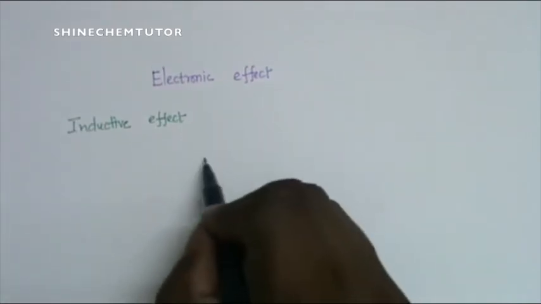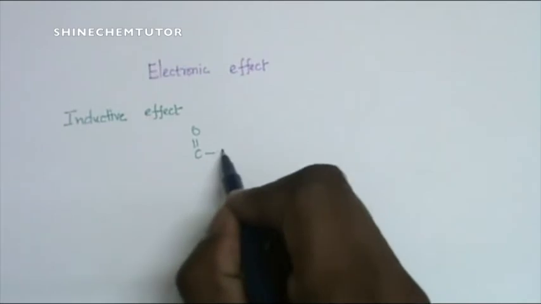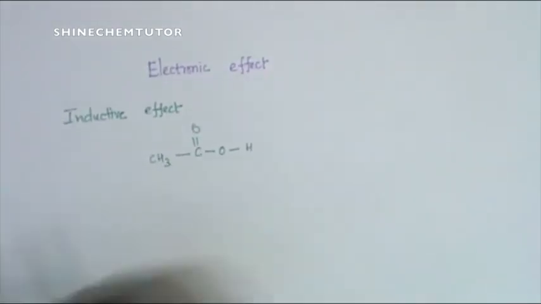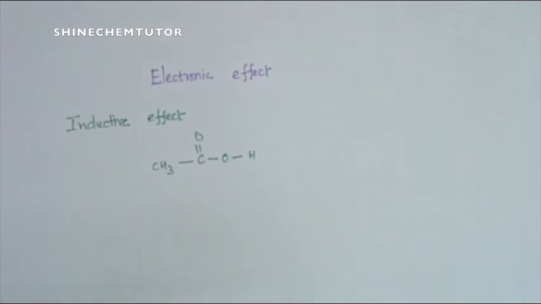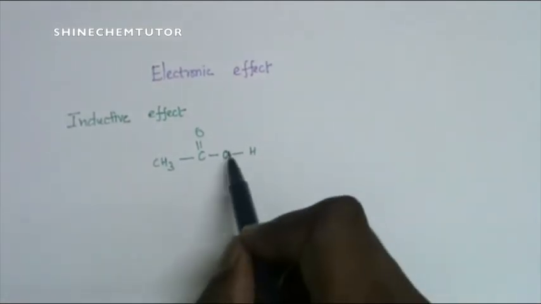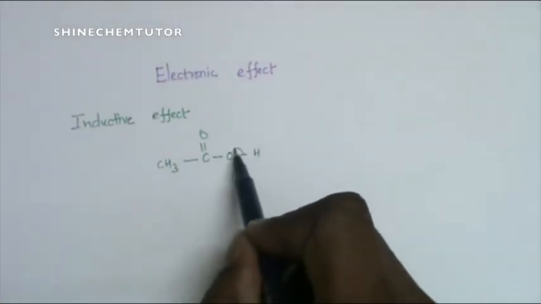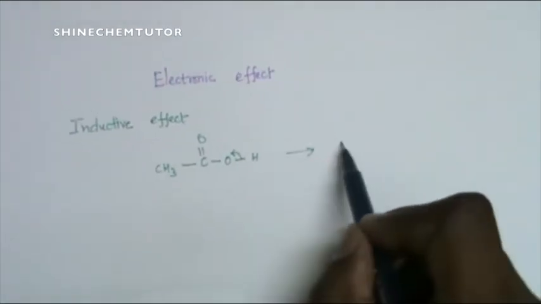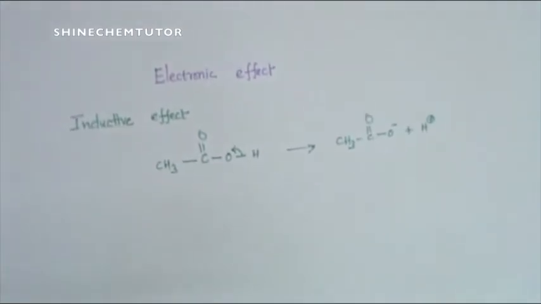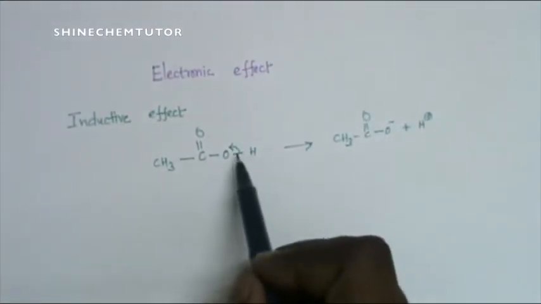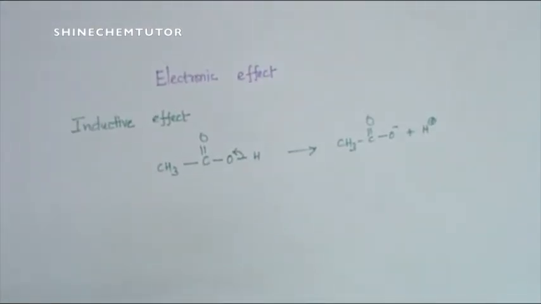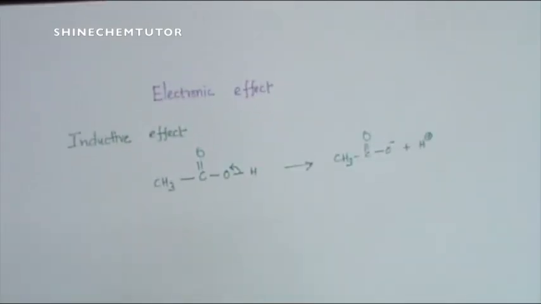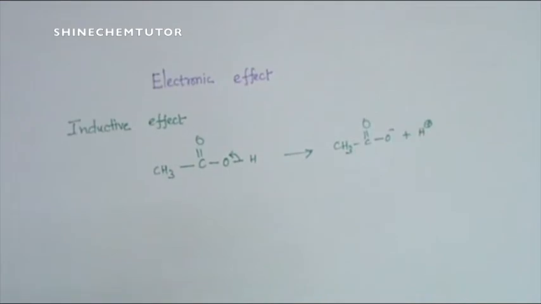For example, I go for a carboxylic acid. Let's go for acetic acid. When this bond moves towards oxygen, what we get is a proton. If the bond goes over oxygen easily, in that case H+ will be released easily. That will be more acidic.